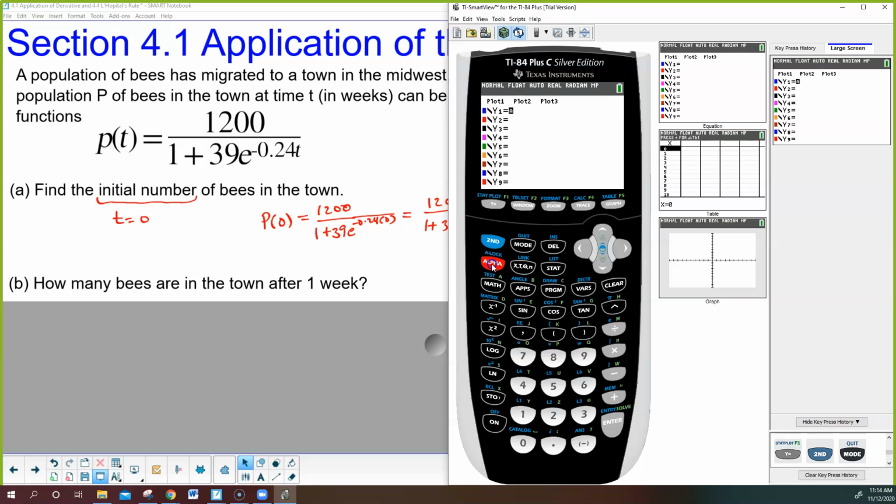If I do alpha y equals, I end up with the first option that pops up, which gives me a fraction. And I think that's really helpful to know. So I'm going to type in the function. If you don't have the option of putting it as a fraction, then you have to just put parentheses around this whole thing and use the divide, and I'll show you that in a second.